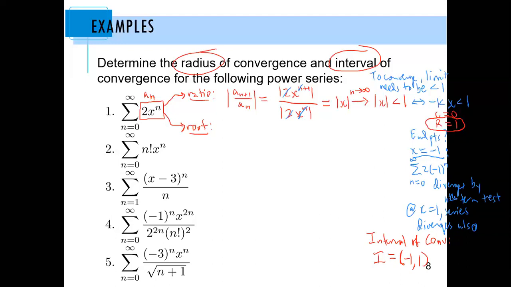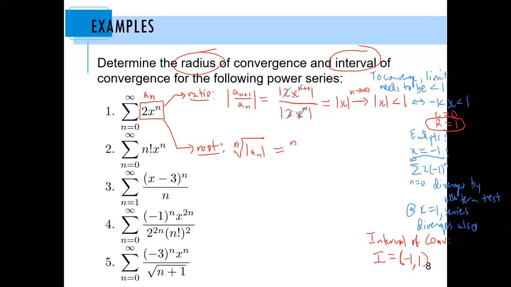Okay, what about the root test? Let's take a look at this guy right here. I'm going to move this thing down just so that we have a little bit more room. If I wanted to do the root test, what I would be doing instead is taking the nth root of the absolute value of a_n.